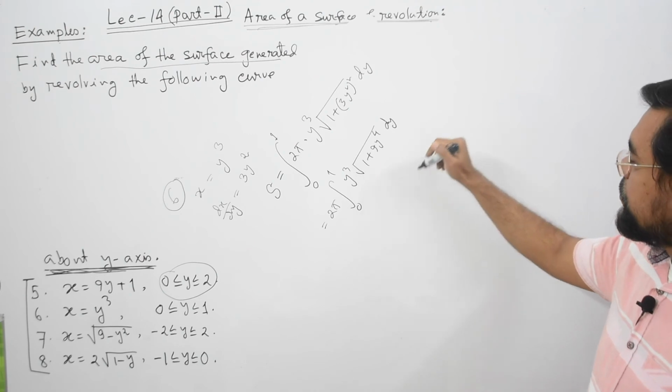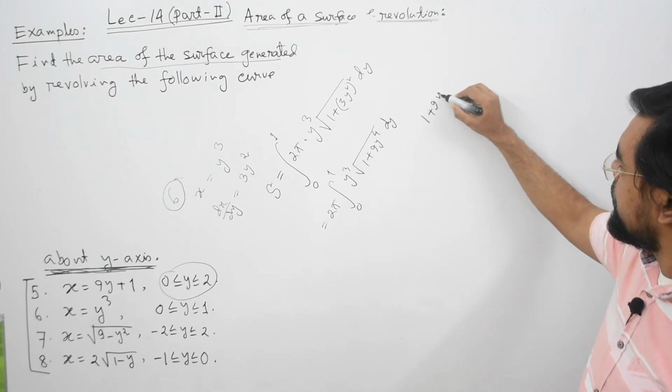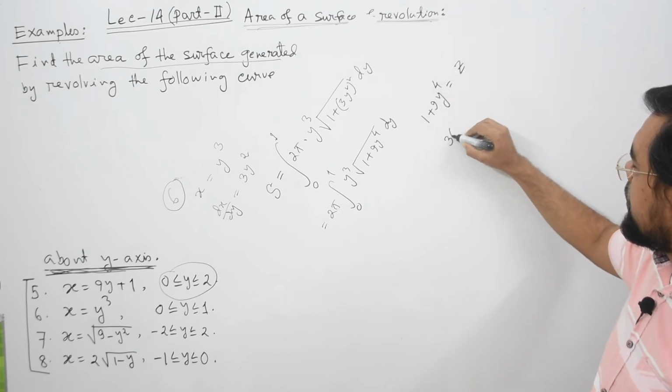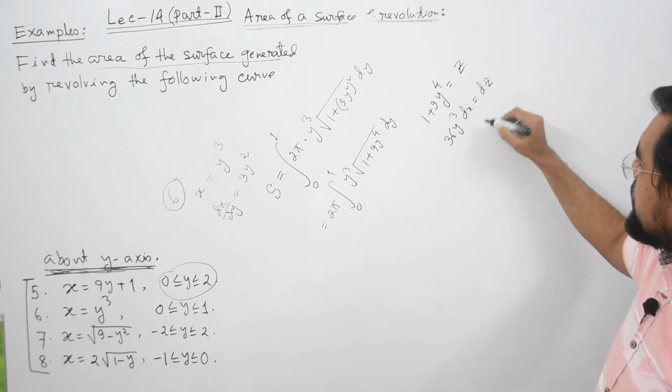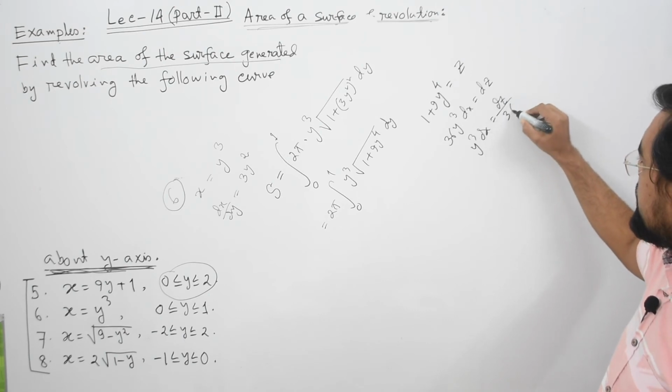So we can do the z substitution as before, z equals 1 + 36y³, so 36y³ dx equals dz, therefore y³ dx equals dz by 36.